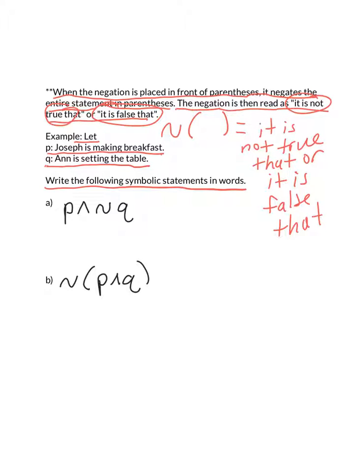We're going to go in the same order as the letters from left to right. So first in A, I see a P, because I have P and not Q. So first I see the P, which represents Joseph making breakfast. So Joseph is making breakfast. I'm going to erase a little bit, give myself some room.